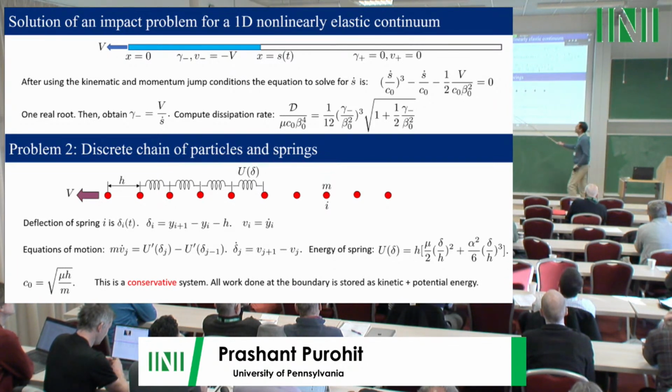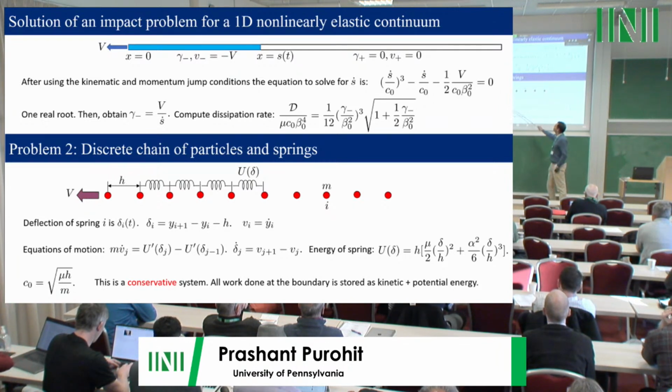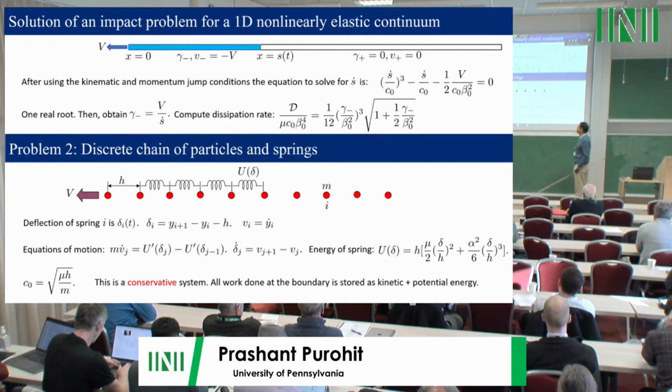We are going to integrate Newton's equations of motion. So that's Newton's equation of motion for a particular mass number j. And there is also kinematics which says that the distance between the two springs is changing in a certain way, which depends upon the velocities of the two masses that are connecting the spring. Straightforward.